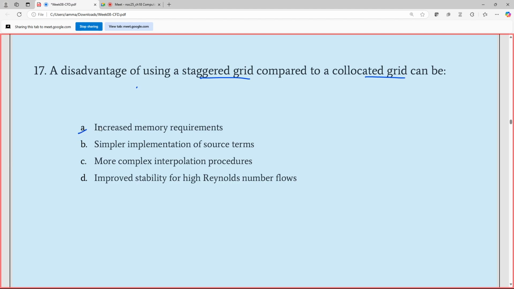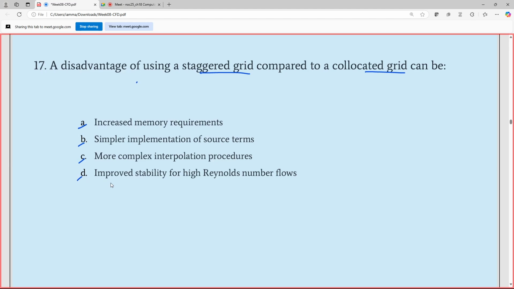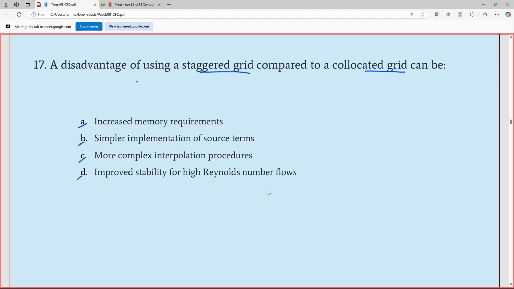Options are option A, increased memory requirements, option B, simpler implementation of source terms, option C, more complex interpolation procedures, option D, improved stability for high Reynolds number flows. So which of the following is a major disadvantage of using staggered grid over collocated grid?